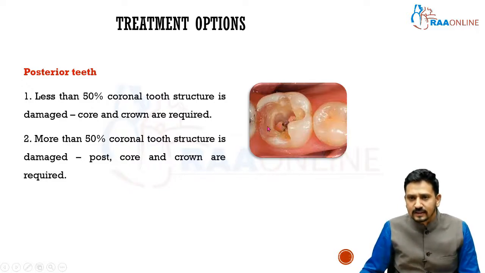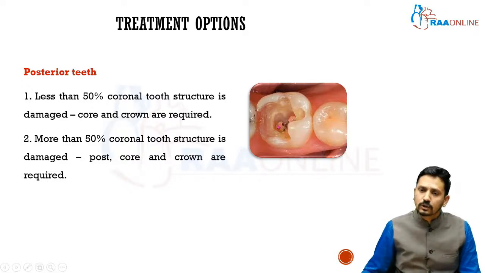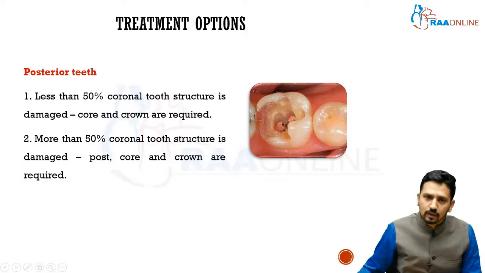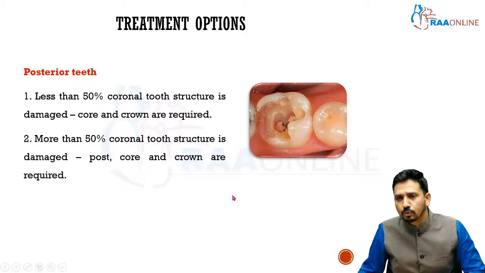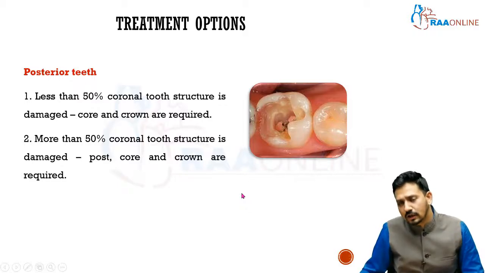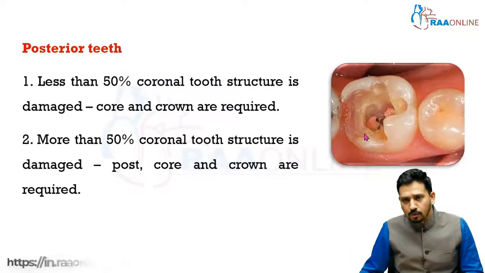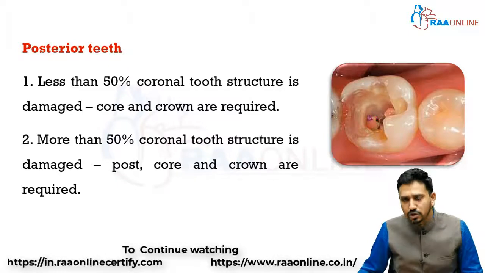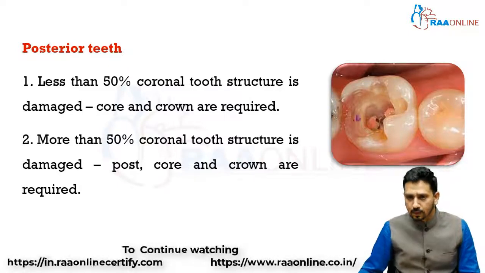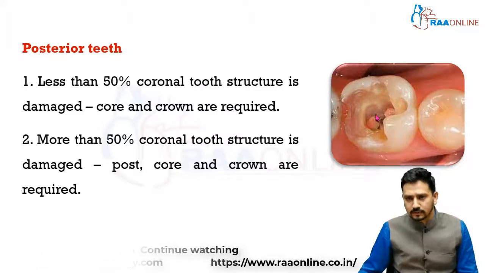You can see this endodontically treated tooth. This is how the endodontically treated tooth will look like. You can see the gutta percha in the orifice. Please make sure whenever you are treating an endodontically treated teeth, the root canal fill material, that is your gutta percha, should be sheared until the orifice. Okay, and after this region, only the core material should be present.